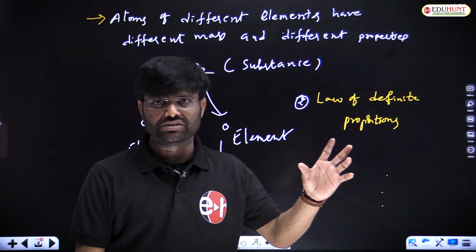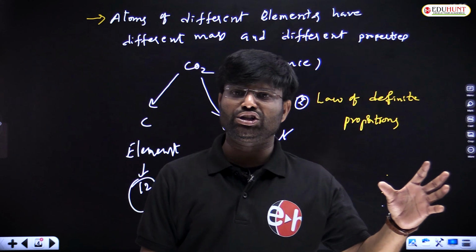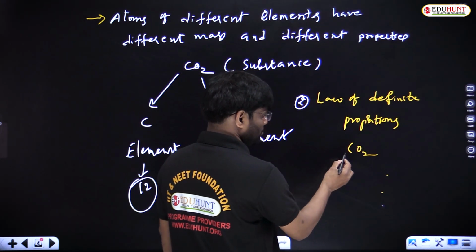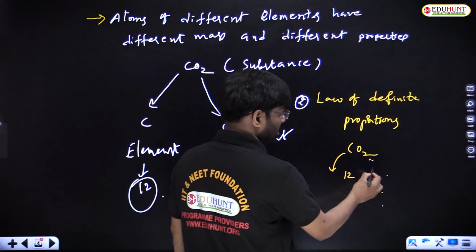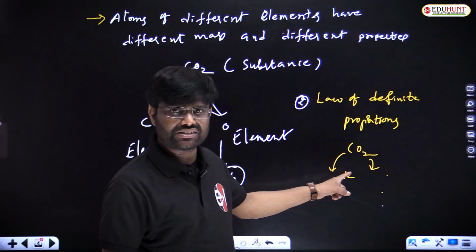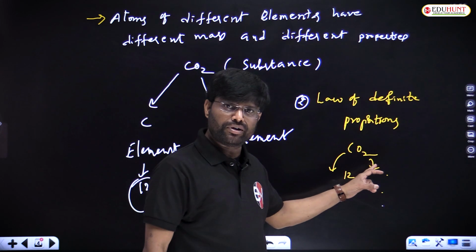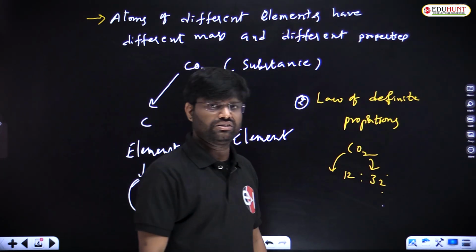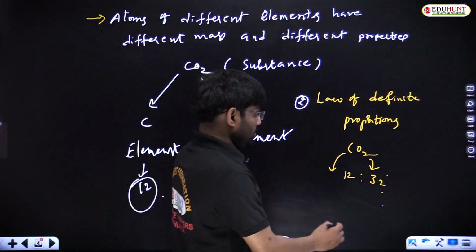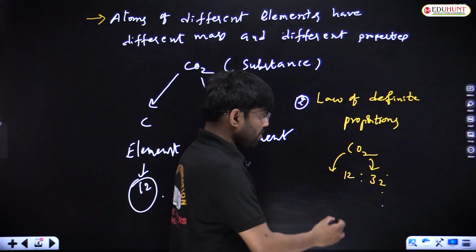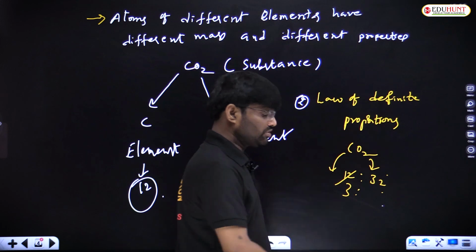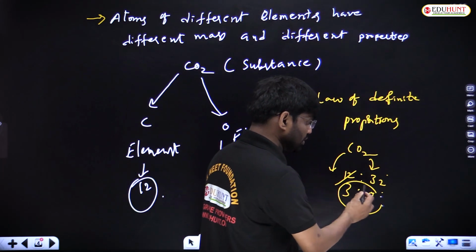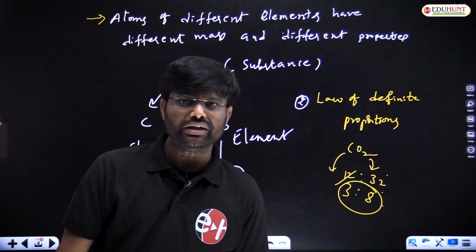The elements of a substance are in a fixed ratio by mass. Suppose I take CO2: carbon atomic mass 12, oxygen atomic mass 16, with 2 oxygens, total 32. The simple ratio is 3 to 8. This is a fixed ratio by mass.